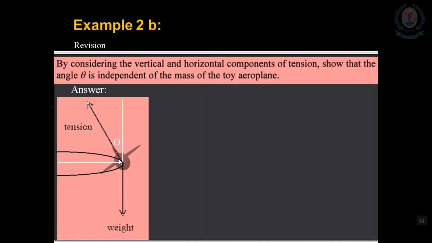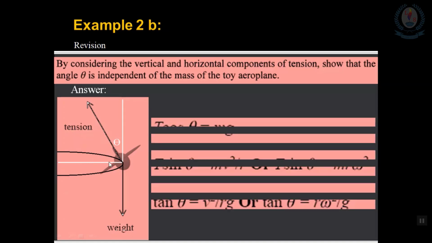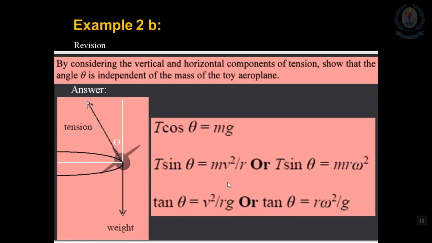So look at the diagram first. Weight is there, tension is there, angle theta. So we can take T sin theta and T cos theta. T cos theta must be equal to weight because the flight is not moving up and down, it's just moving in a horizontal circle. T sin theta is acting always towards the center, so it is equal to mv squared over r, or m r omega squared.